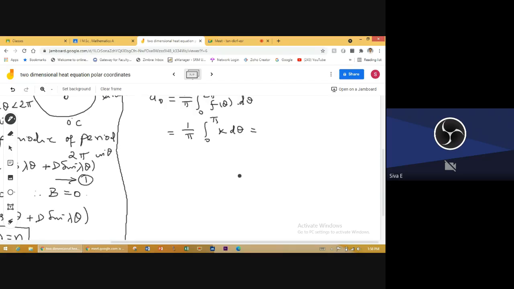Why are you taking so much time? What is the answer for this? 1 by pi, k theta from 0 to pi.